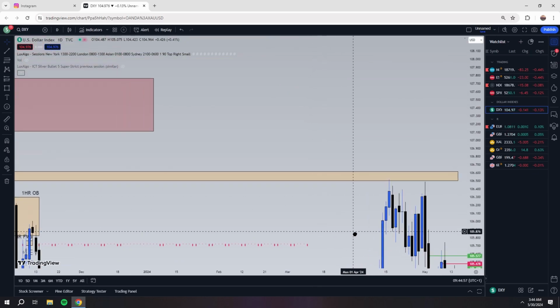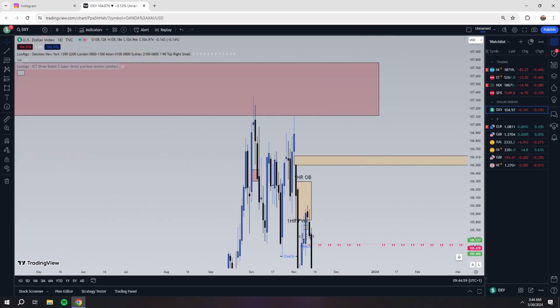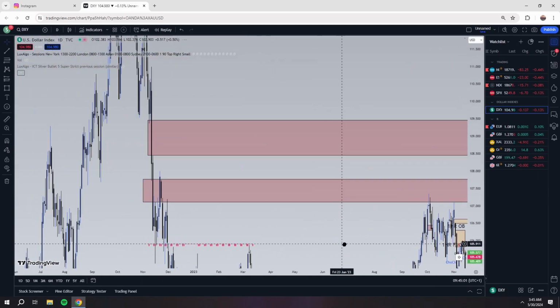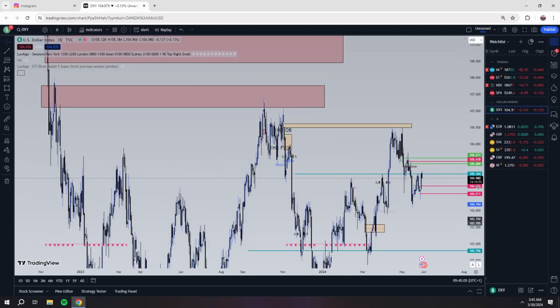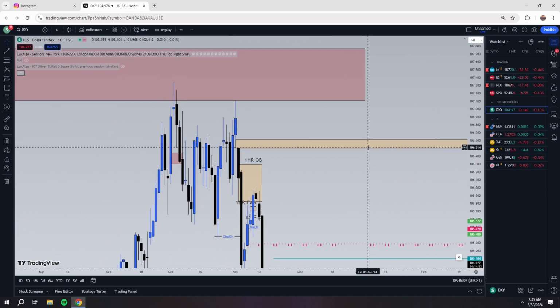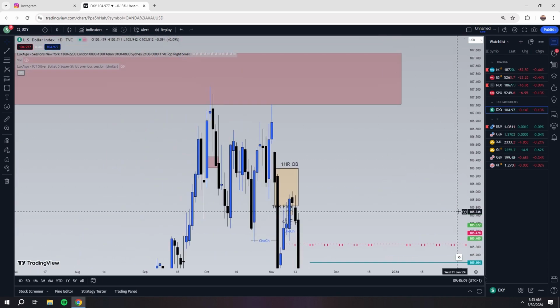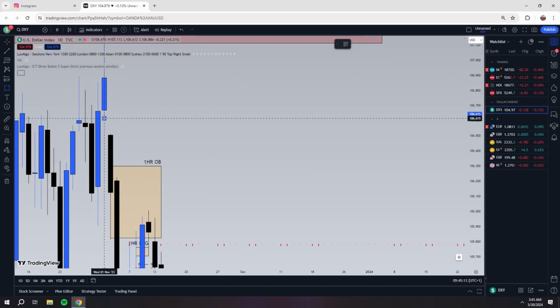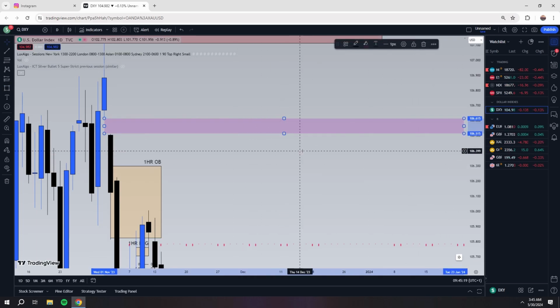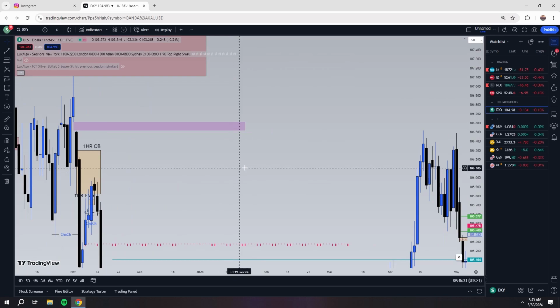So next we have liquidity voids. I'll show a bearish one. Let me find one. So we actually have one here, a liquidity void. Like I said, it's a 2-candle sequence: low of the first one to the high of the second one for bearish.